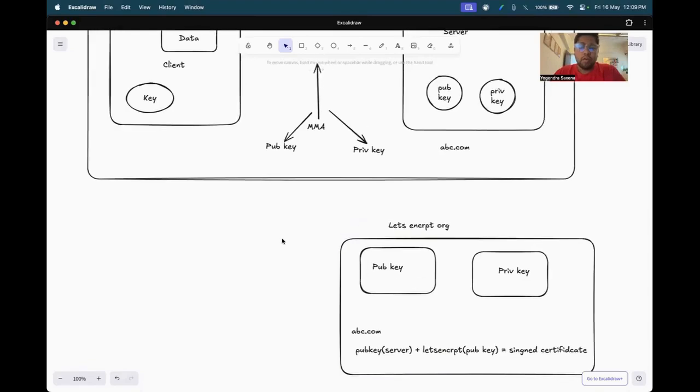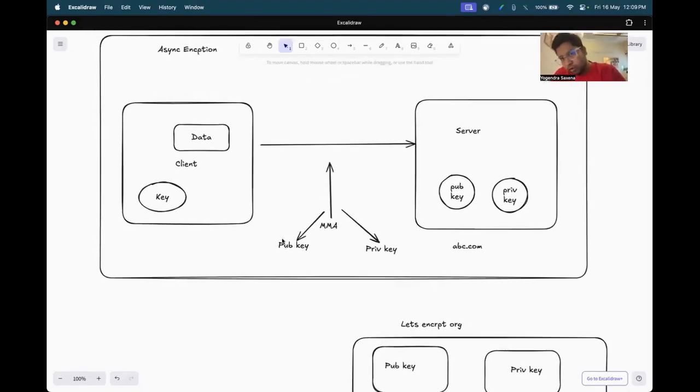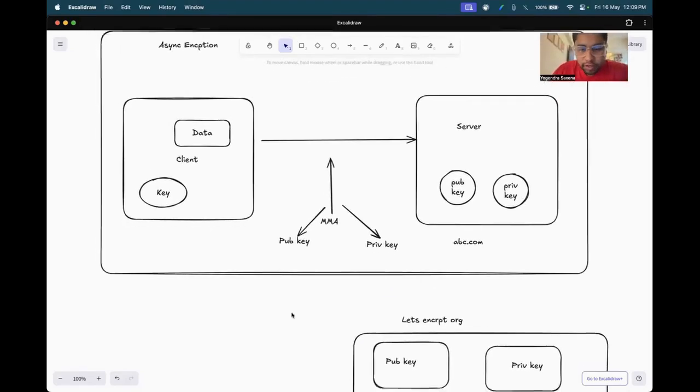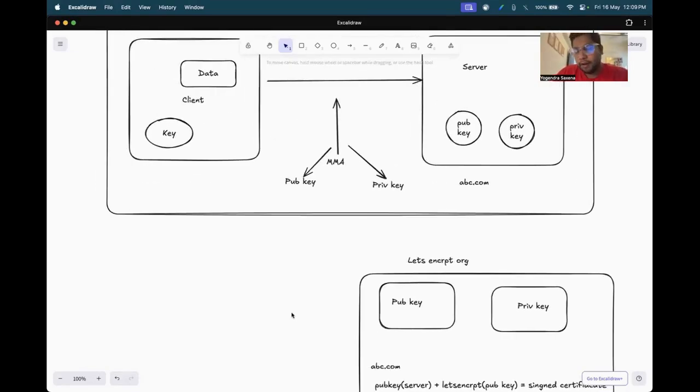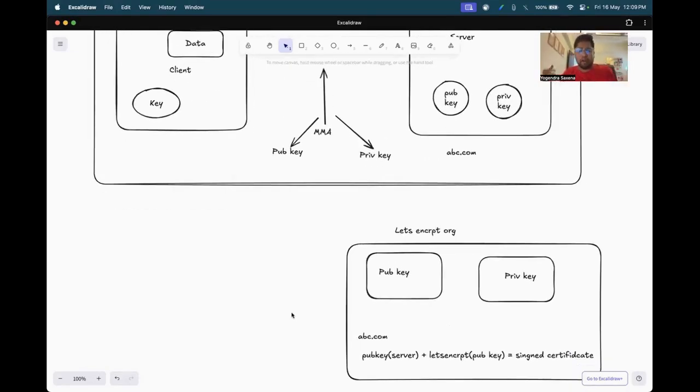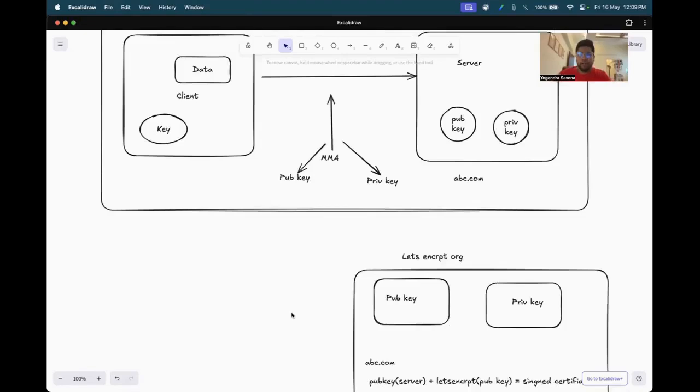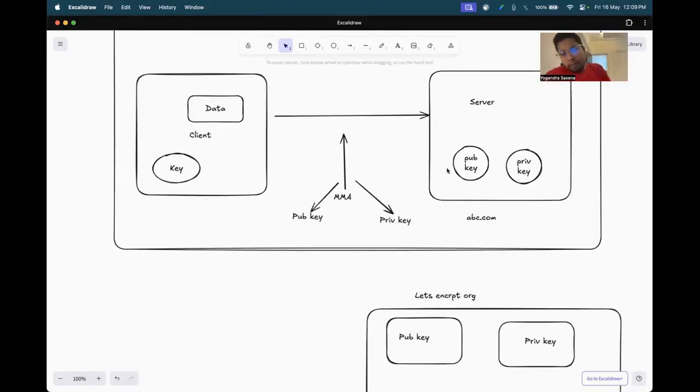Okay. Now this certificate is signed, and it's kept with the Let's Encrypt organization, right? Whenever the server tries to send its public key to the client, the man in the middle attacker can spoof the public key and send their own public key. Now, whenever the server sends this to a client, it will also send a certificate along with it.